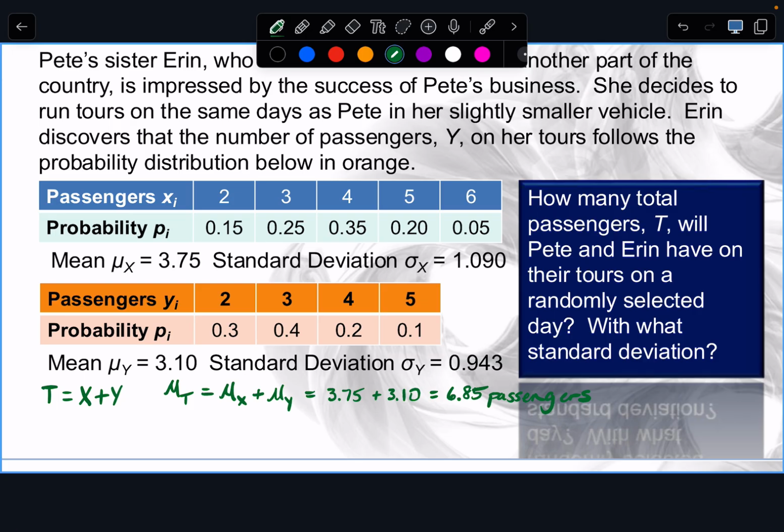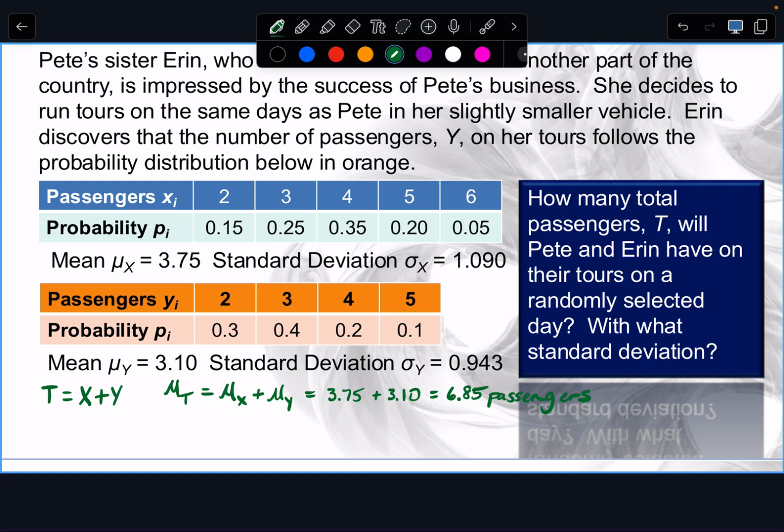And on any given day, Pete and Erin should expect to have a total of 6.85 passengers on average. So over numerous randomly selected days, the average total number of passengers should be about 6.85.